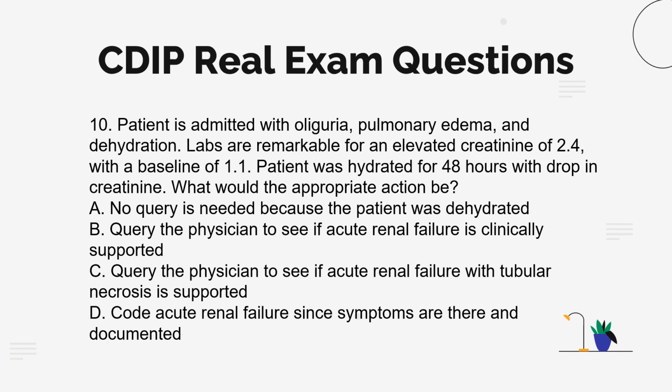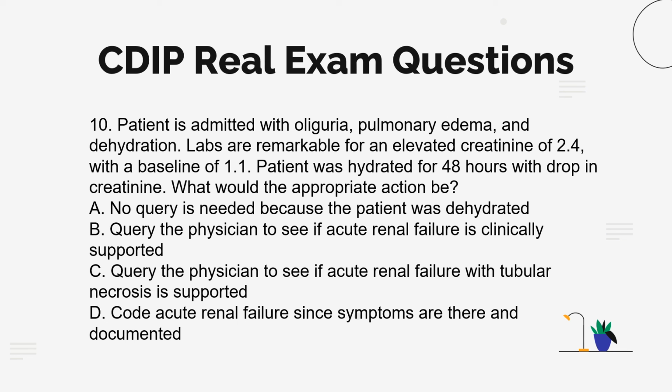10. Patient is admitted with oliguria, pulmonary edema, and dehydration. Labs are remarkable for an elevated creatinine of 2.4, with a baseline of 1.1. Patient was hydrated for 48 hours with drop in creatinine. What would the appropriate action be?